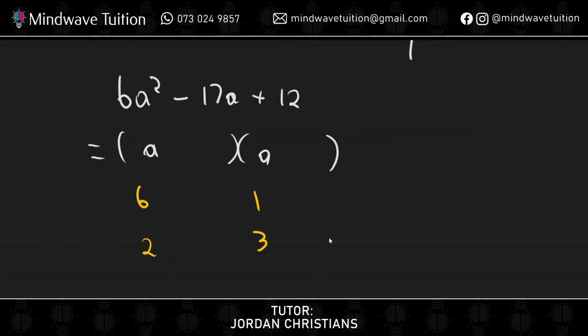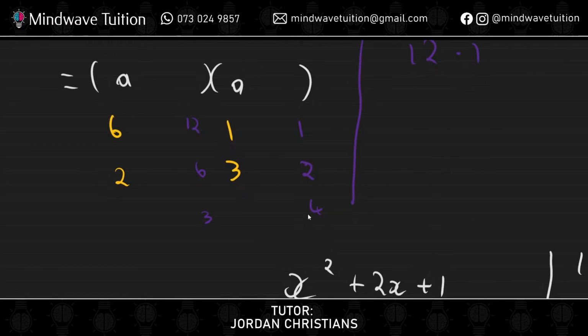Let's not substitute that in just yet. Let's look at the multiples of 12. So if we look at the multiples of 12, it will be 12 times 1, 6 times 2, and 3 times 4, or 4 times 3, I just want to keep it in that order.